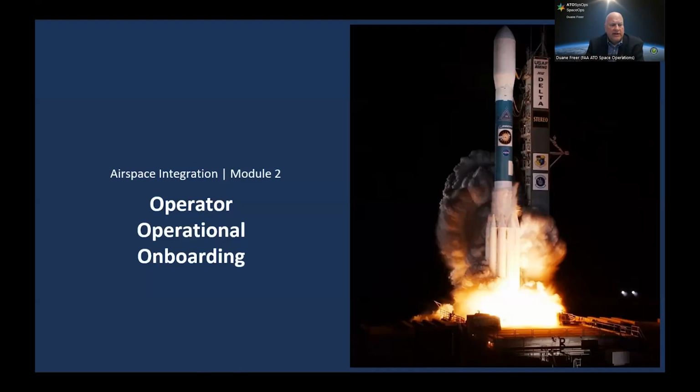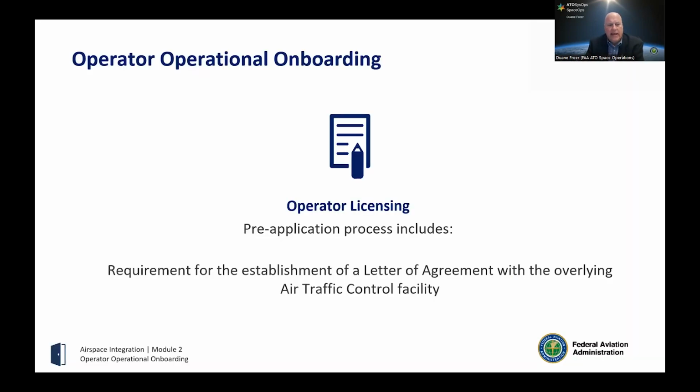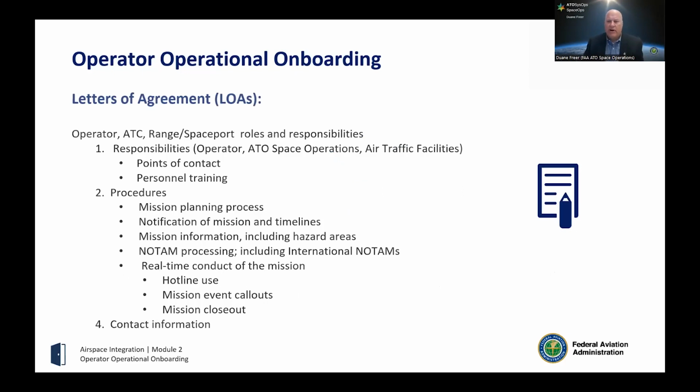So the first module will be around operator operational onboarding. And as Emily mentioned, during the pre-application process, part of the licensing is the establishment of a letter of agreement with the overlying air traffic control facility. That's a key part of that licensing requirement.